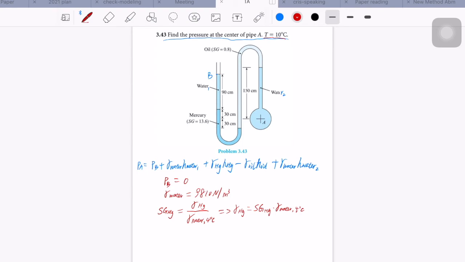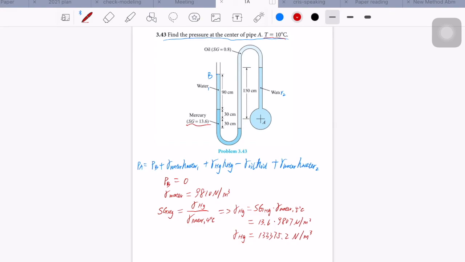From this figure, we know Sg of mercury is 13.6, and gamma water at 4 degrees Celsius is 9807 Newton per cubic meter. So gamma mercury should be equal to 133,375.2 Newton per cubic meter.